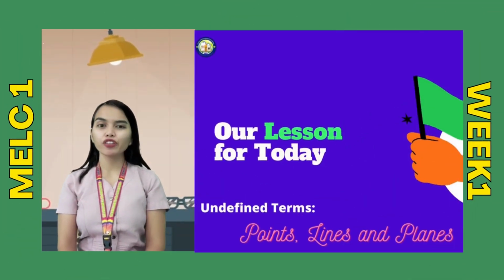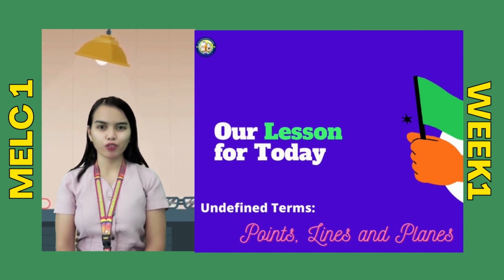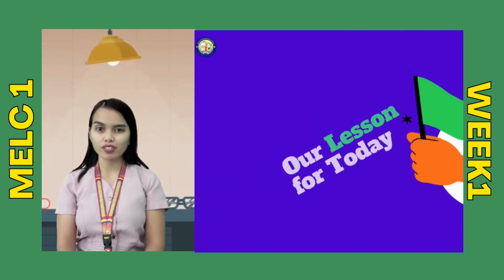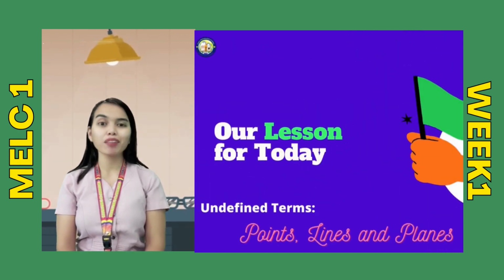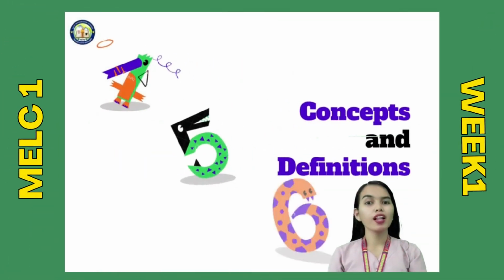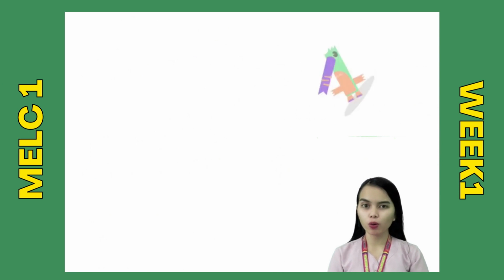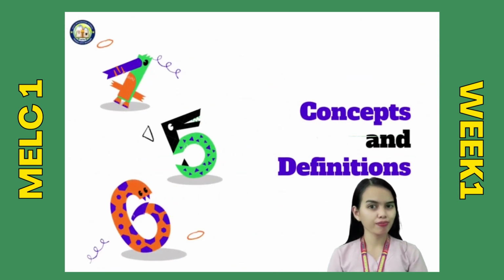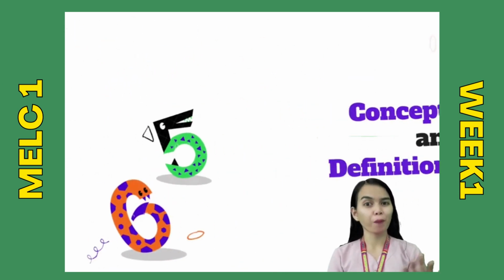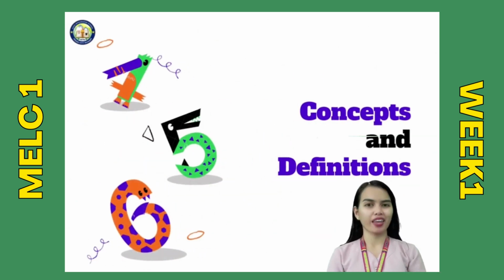Okay, so our lesson for today is all about undefined terms, which are points, lines, and planes. Let us first identify the undefined terms. What are those undefined terms again? Yes, those are points, lines, and planes.